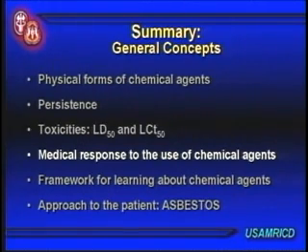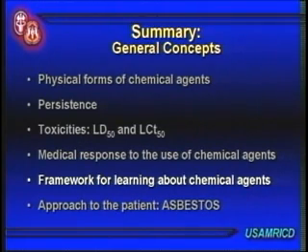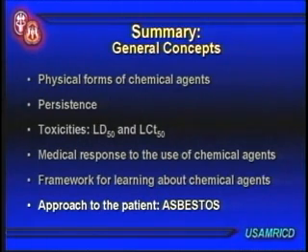And finally, we've discussed the idea of medical response to chemical warfare agents, the various phases of response, crisis management and consequence management, the idea of a latent period, the role of primary, secondary, and tertiary prevention in the management of chemical warfare agents. And we've discussed a framework for learning about chemical warfare agents themselves, a framework exemplified by the mnemonic ASBESTOS for approaching the assessment of a patient in connection with ongoing management of that patient.